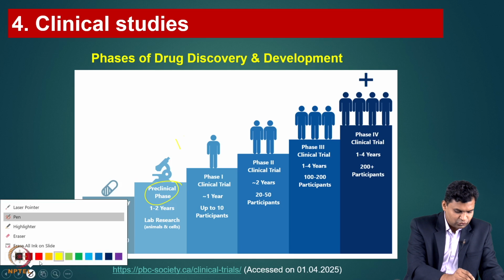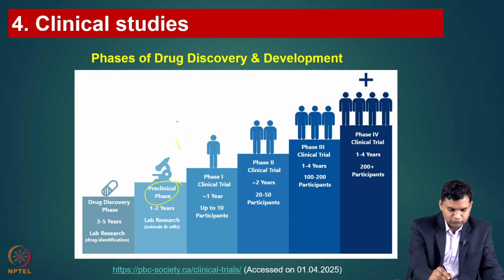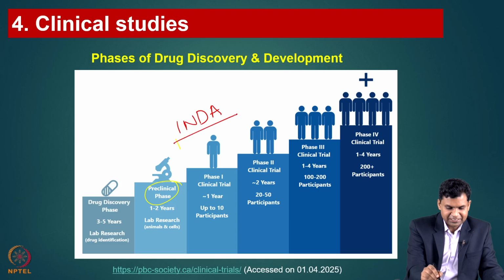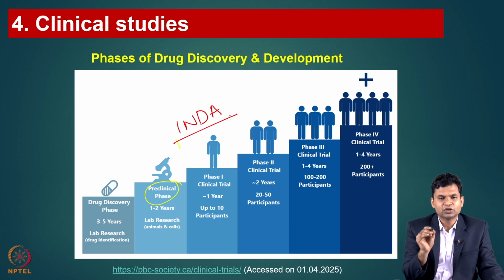You need to apply for the clinical trials, that is an IND application, investigational new drug application. With this data you need to apply to the regulatory body. Once after the review, they will give the permission for phase 1, that is, we will use it for the human trials.